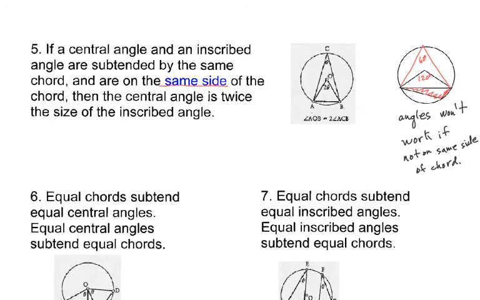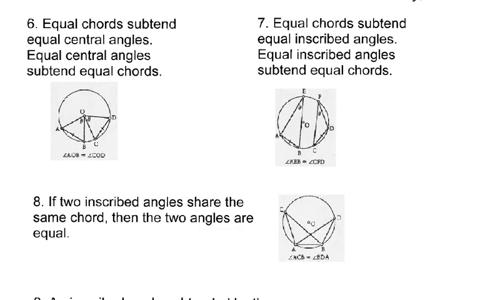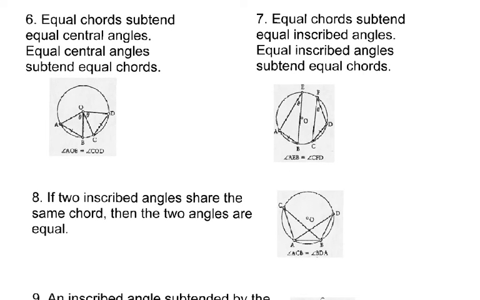Moving on to 6 and 7. Let's break 6 into 2 parts, just like the original first 2. Basically, equal chords subtend equal angles, and equal central angles subtend equal chords.